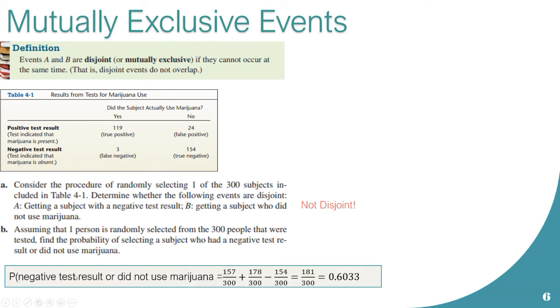The probability of a negative test result, or did not use marijuana, and I forgot to put the parentheses here. Okay, so here are the parentheses. This probability is the probability of what?